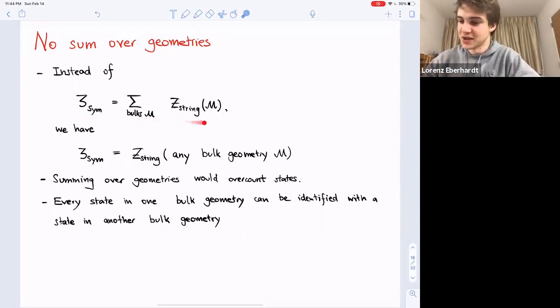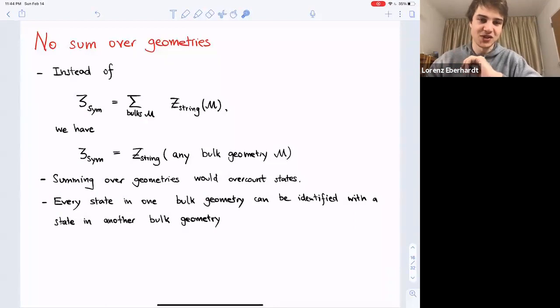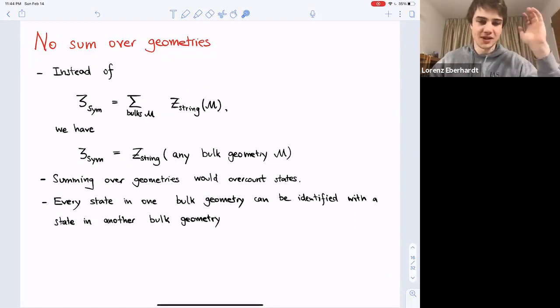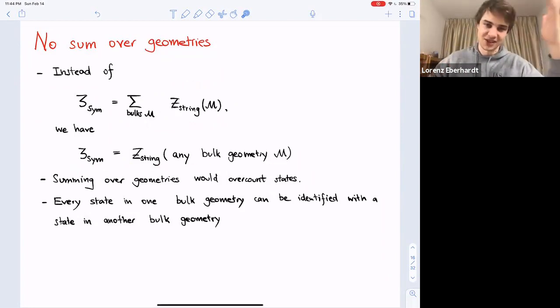So the obvious thing that we already said is that, instead of having something like this, the equation that we had in the beginning, at least the naive version, where we sum over all the possible bulks and compute the string partition function on each, we should just take the string partition function on any bulk geometry, which is the symmetric orbifold partition function, and not sum over them.